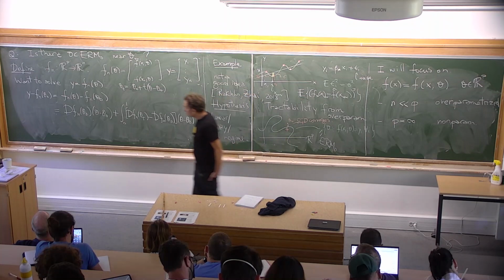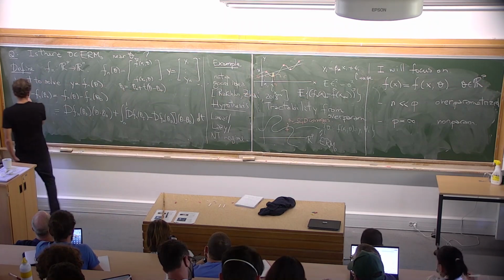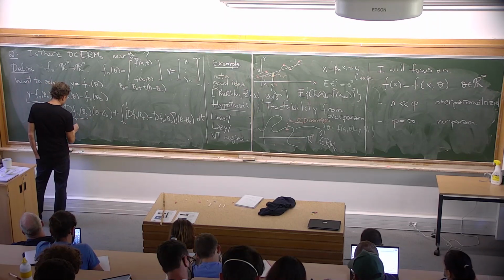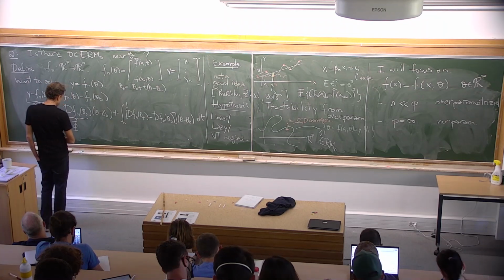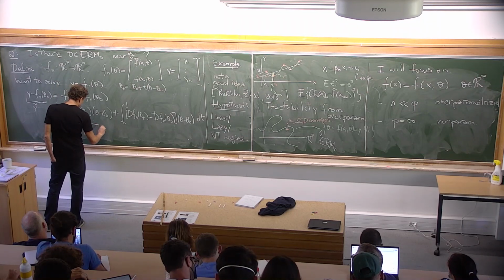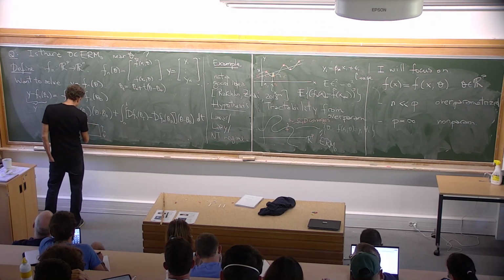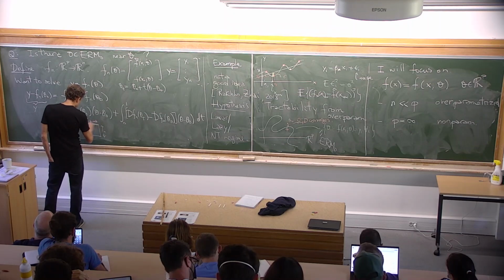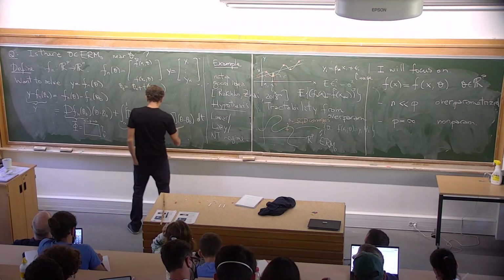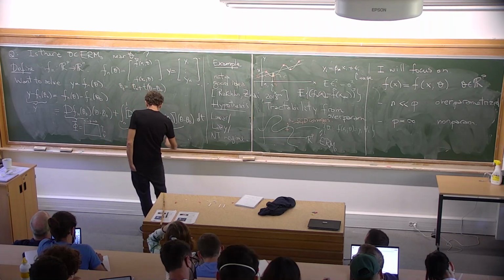Okay, so let me give names to these objects. Let me call this y tilde. I'll call this phi. So phi is really a matrix that is n by p, the Jacobian at the initialization, and let me call this error E of theta.